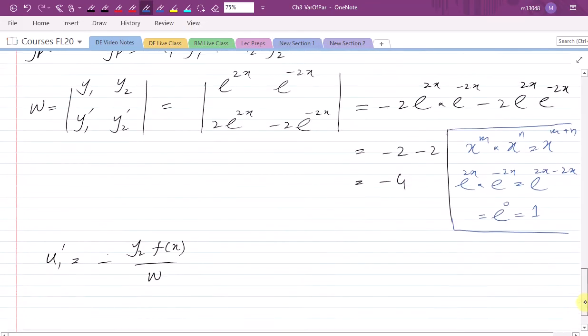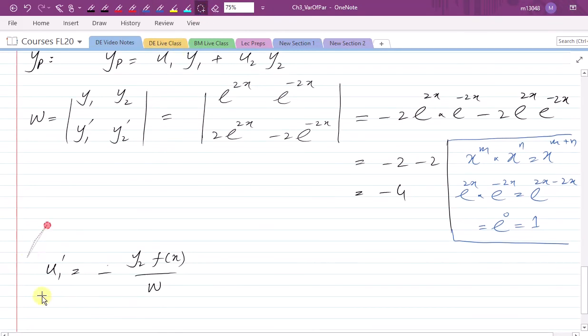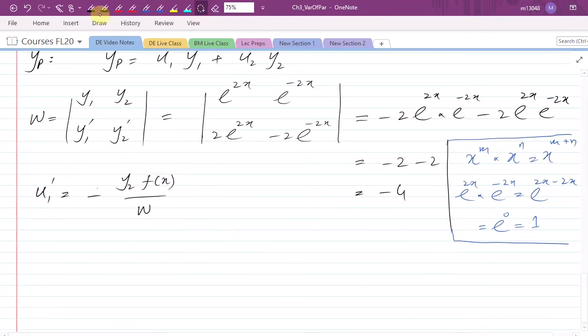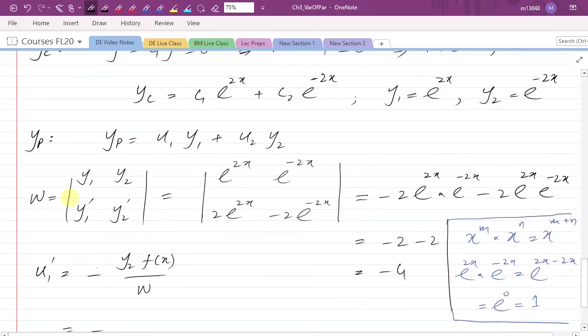Now we can put the values into formulas for u1 prime and u2 prime. This will become minus y2, and do not change y1 and y2 after you have used them here. If you have used this as y1 and this as y2, keep them fixed.